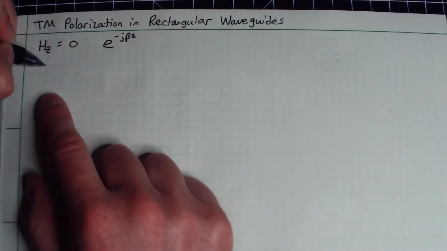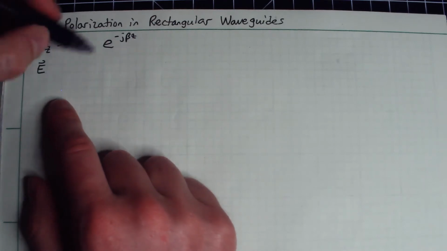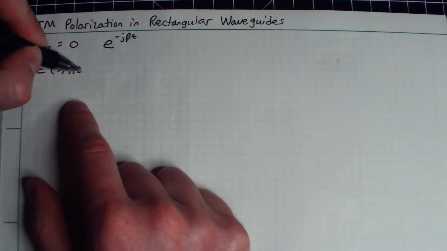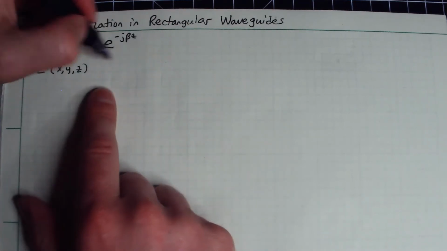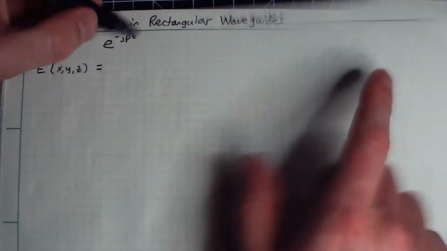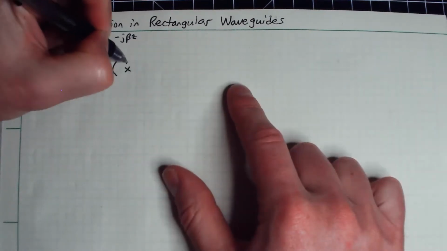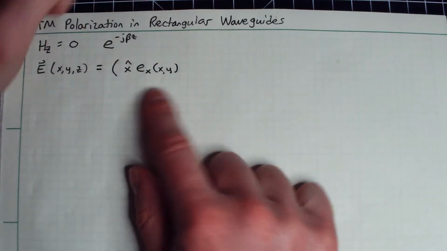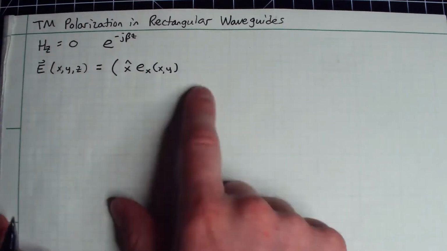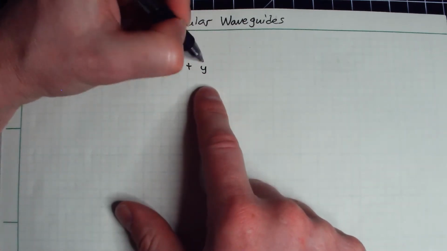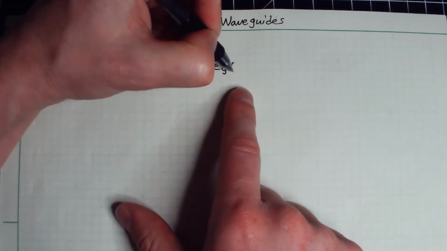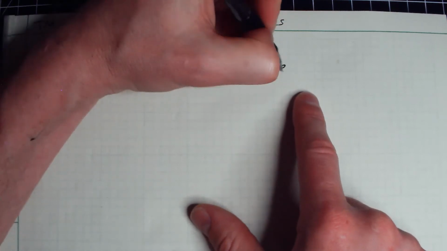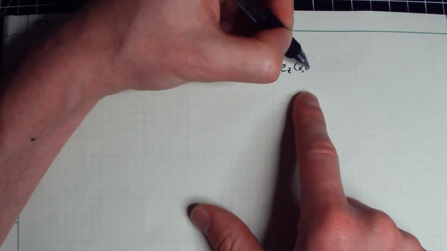So let's go ahead. I'm going to write out my electric field profile. So remember, this is a function of x, y, and z. And for reference, we're going to write out the whole thing. So I'm going to get an x hat, e sub x of x comma y. So I've taken away the z component here, plus e sub y of x comma y, plus z hat, e sub z of x comma y.